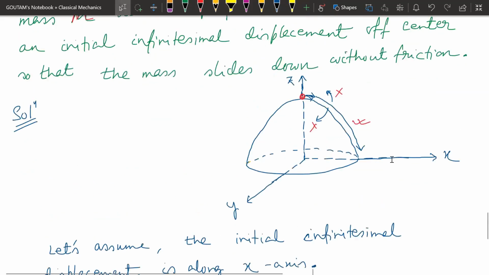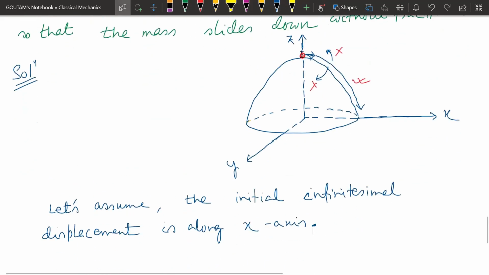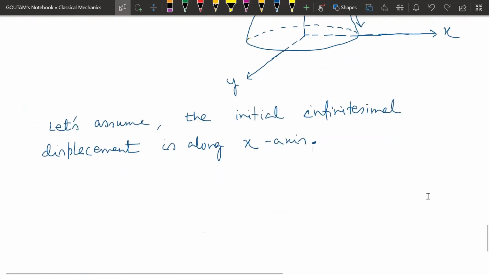If it's not along the x-axis, let's say it's along some other direction, in that case we can choose our axes accordingly because we have that freedom, right? So let's assume that the initial displacement is along the x-axis.